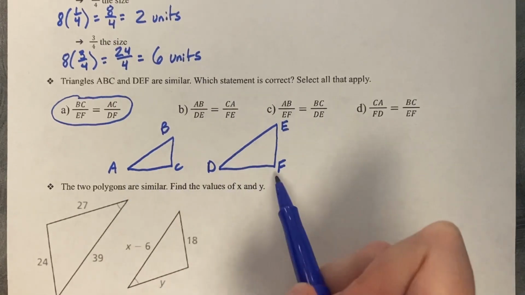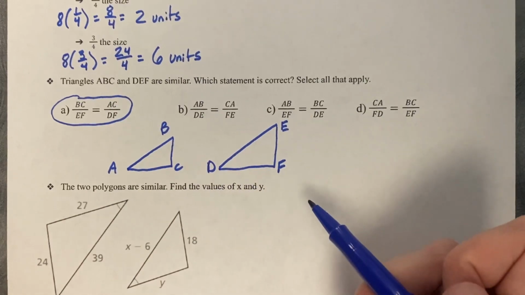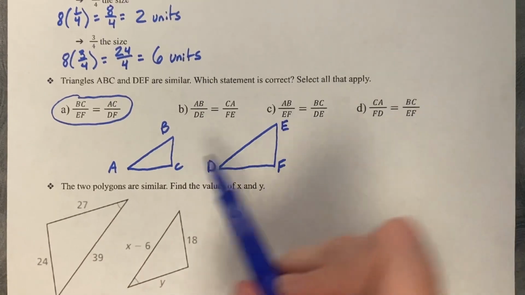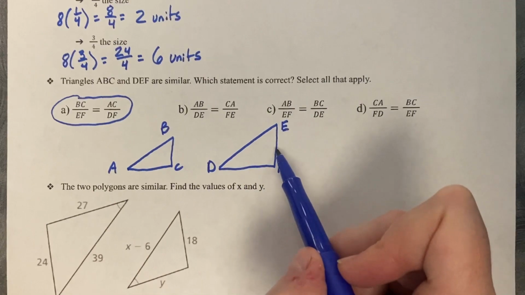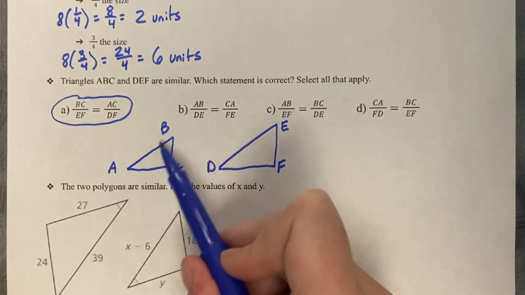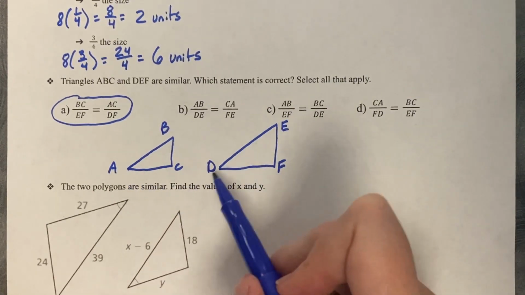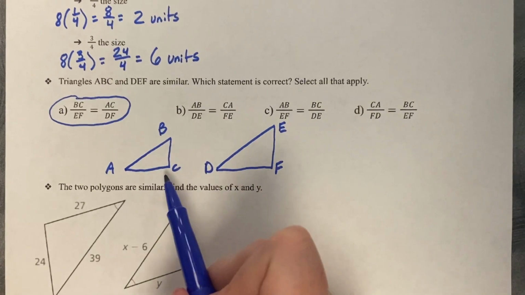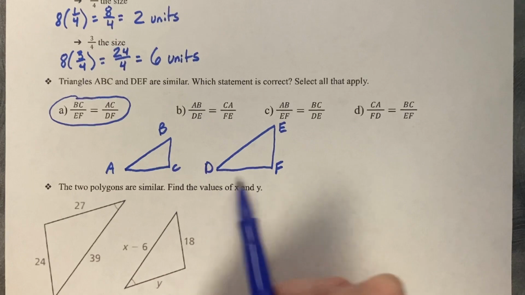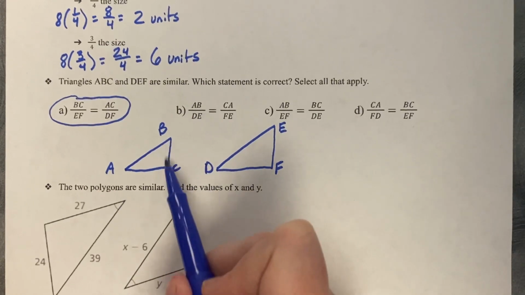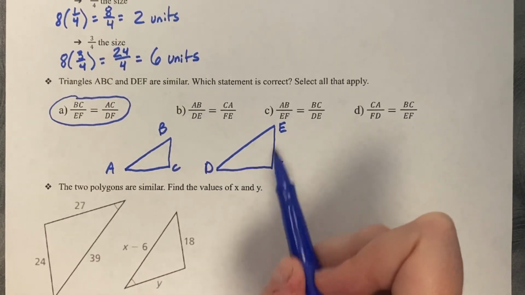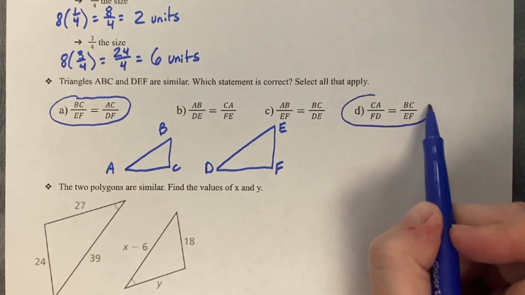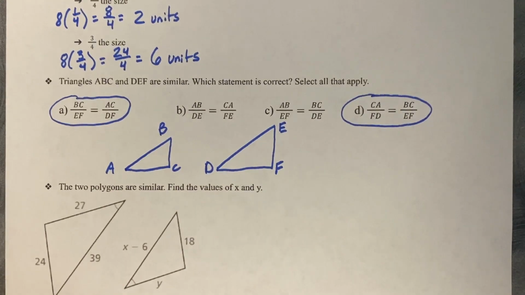CA would be to FD. How about this one? AB is to EF. Oh, that's already not correct. I've got my long leg, AB is to DE. How about the last one? CA is to FD as BC is to EF. That one is also true. So A and D.